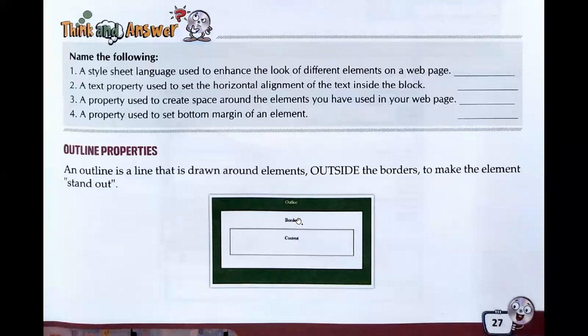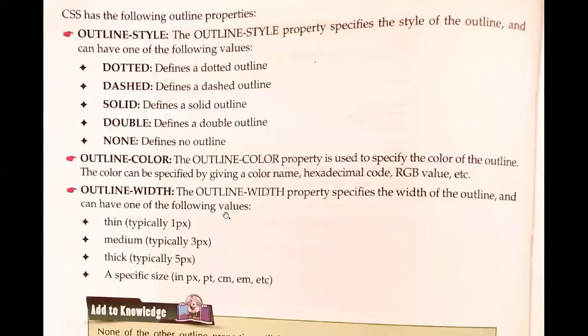So CSS has the following outline properties. The very first is outline-style. The outline-style property specifies the style of the outline. That means which kind of outlining we want to do. If you want to show the outline in a dotted manner, then you will use dotted, D-O-T-T-E-D. If you want to use dashed, then we will use D-A-S-H-E-D, the dashed property.